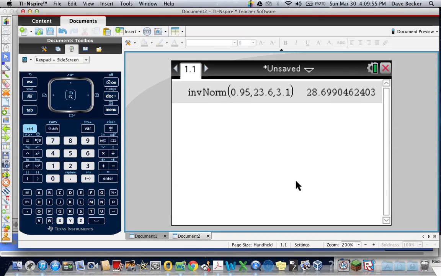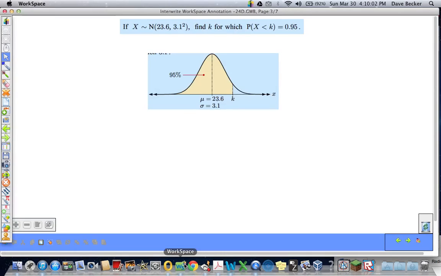So the corresponding value, to 3 sig figs, would be 28.7. So k is approximately equal to 28.7. Okay, very simple, very easy.